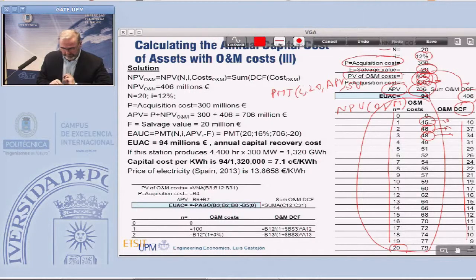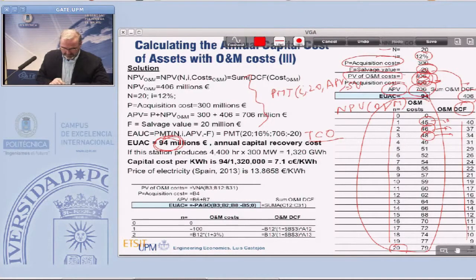So at the end, you see here all the formulas. The annual equivalent cost of this power station is 94 million euros per annum. So this is the total cost of ownership per year of owning and operating this machine.